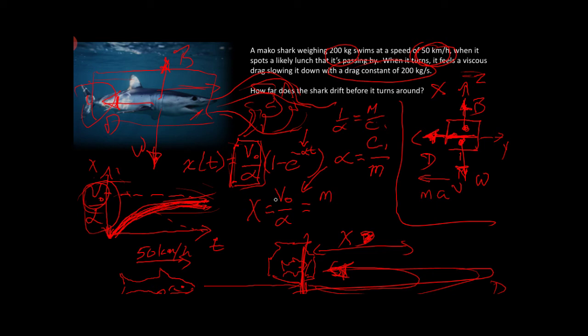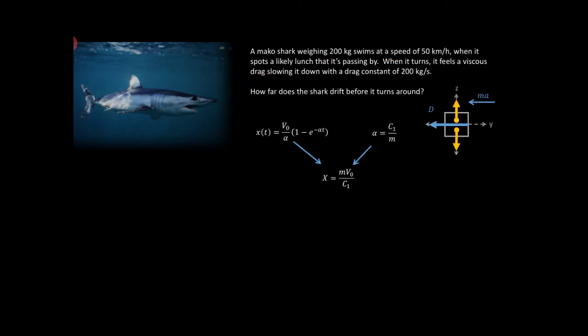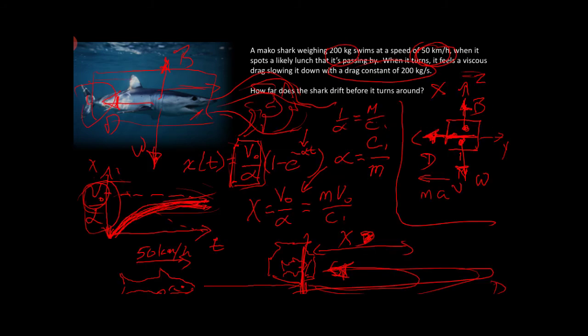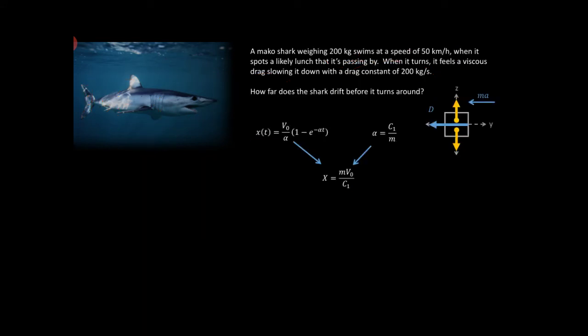So we have M times v naught over C1. Okay, and with that, I'm going to be able to actually put some numbers in and solve the problem, right? So this is where we are now. See, this is the big advantage of using the tablet, is that after I have all this wonderful math here, isn't that beautiful? I can sort of summarize it in a nice, clean way and go on to the next part of the problem and still have plenty of room.